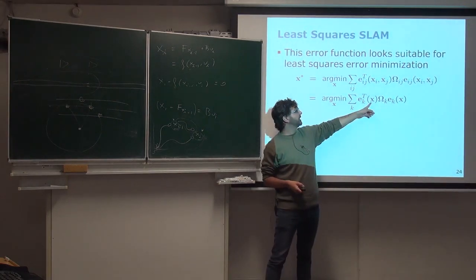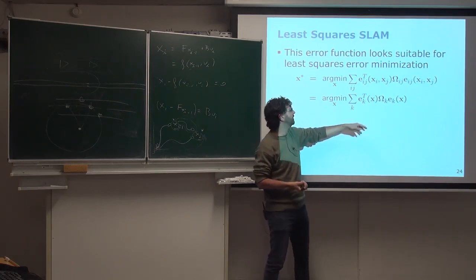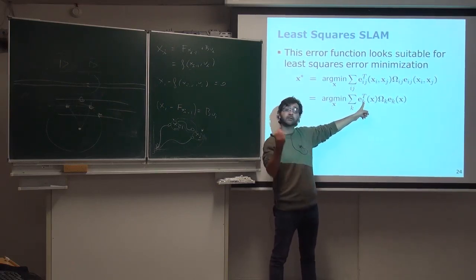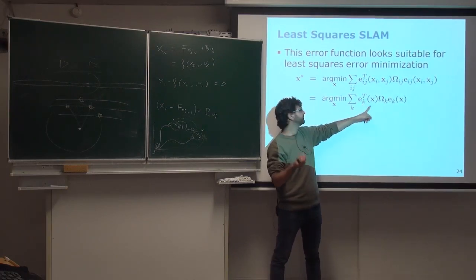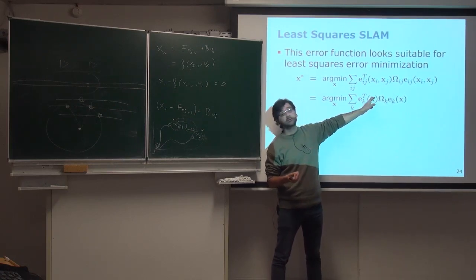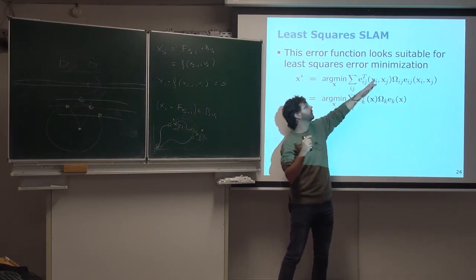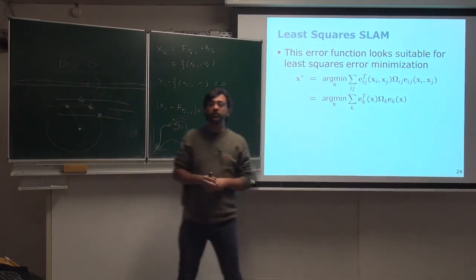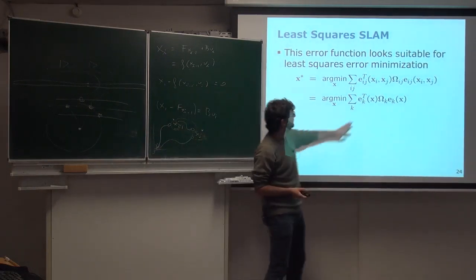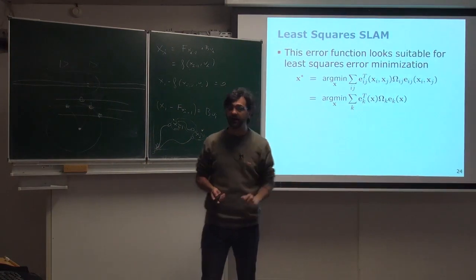But we can also write them with respect to the full state space. The way to extend this basically means that k is the set of measurements that we have. And then this function e_k(x) is like extracting the parts of the state space that are needed for this measurement and then calling e_ij on top. So we just now try to abstract everything, because we want to get something which is a function of x, our full variable set.